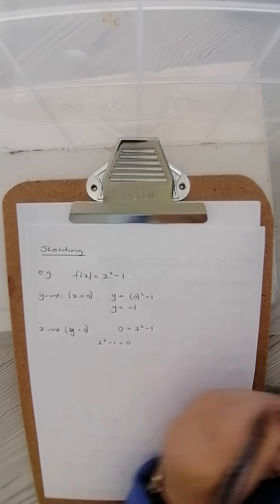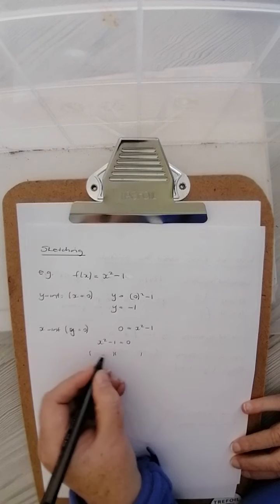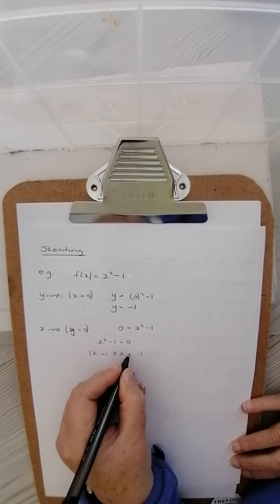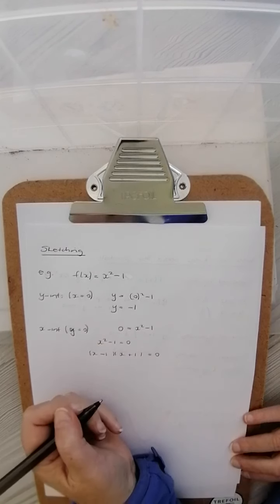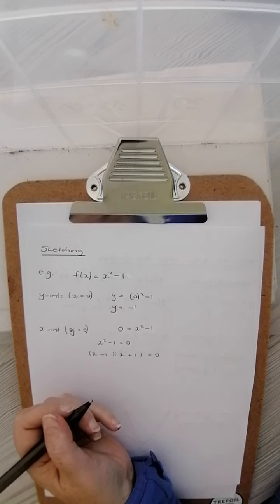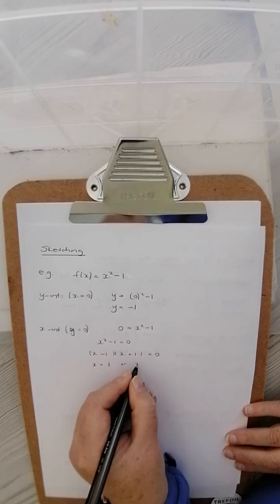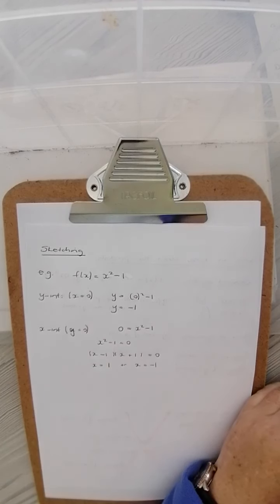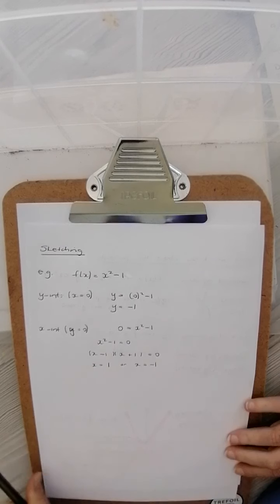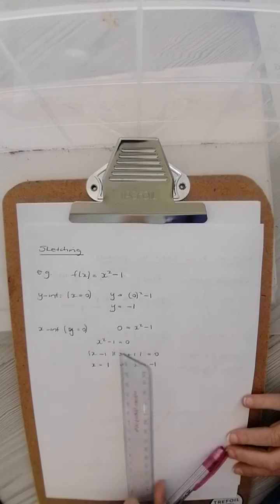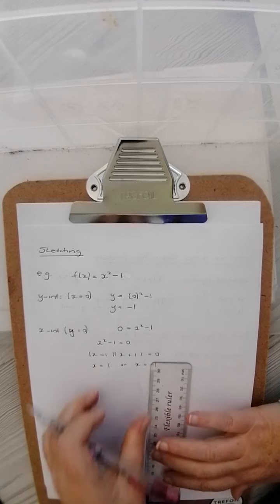We could do difference of two squares. Can you remember that? Then we can solve, and we can say x equals 1 or x equals minus 1.